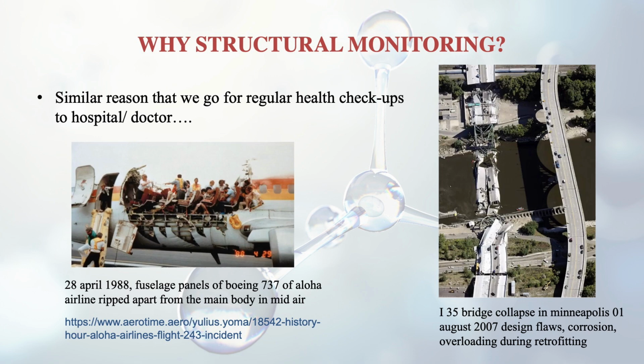What happened was that during the flight of Aloha Airlines, the fuselage suddenly ripped apart. However, the passengers were all tied to their seats by the seat belts, so major fatalities were averted and the flight could land back.